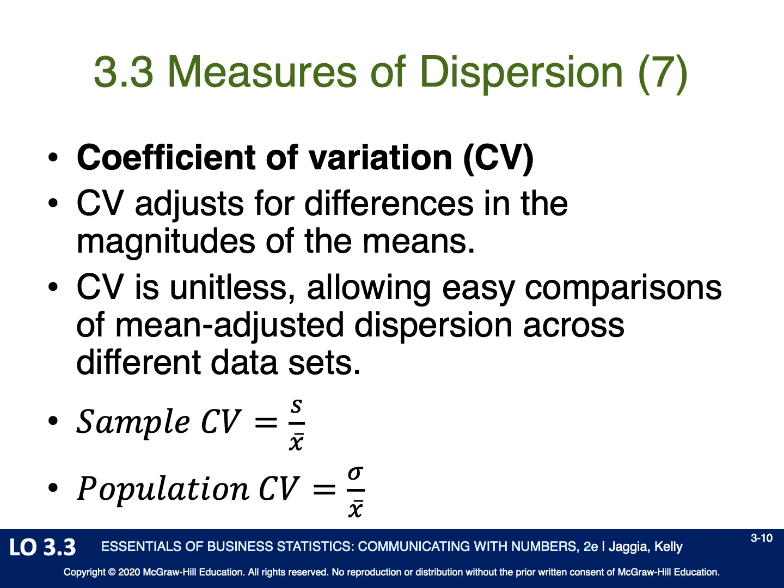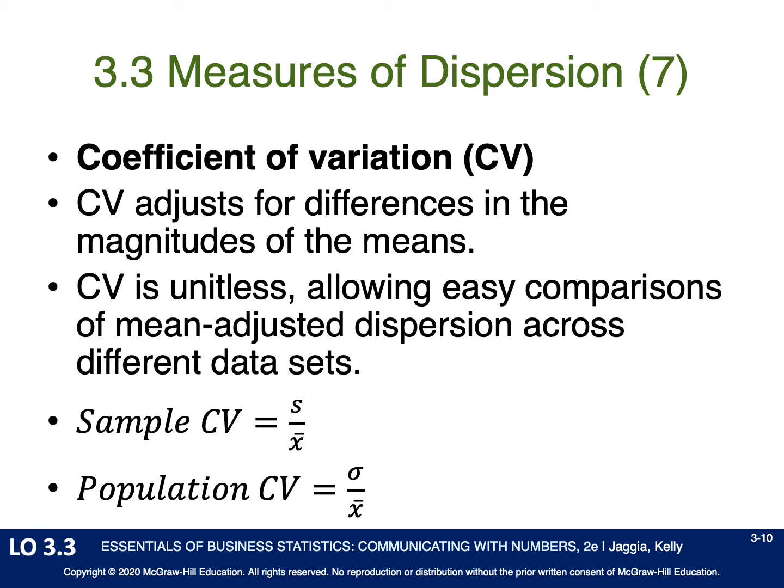The coefficient of variation is another way to measure dispersion. We're just going to take the standard deviation and divide it by the mean. Why do this as opposed to just looking at the standard deviation? If I'm comparing 2 different samples with very different means, then when I compare those standard deviations, everything's going to be a little bit off because their means are different.